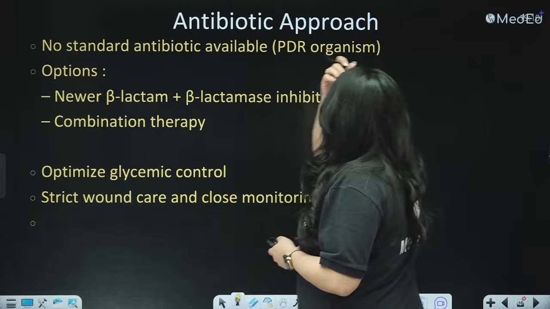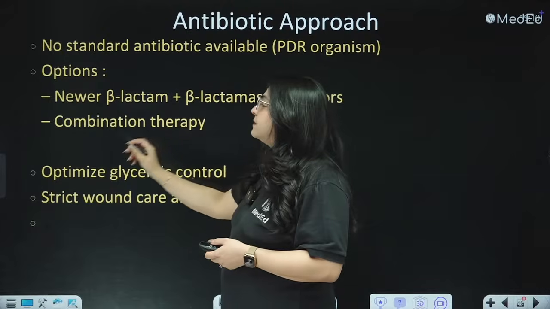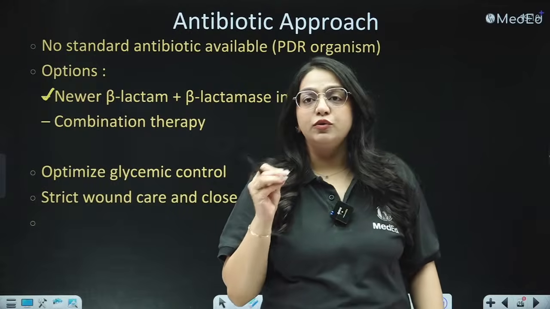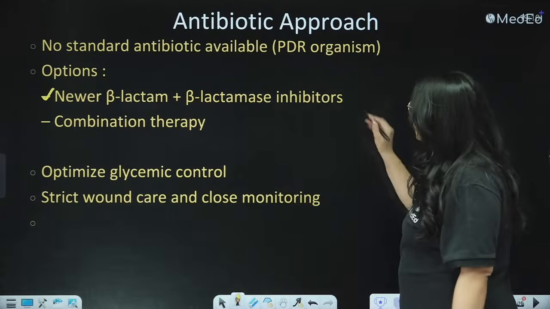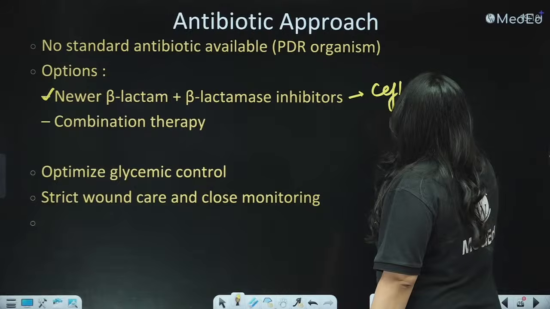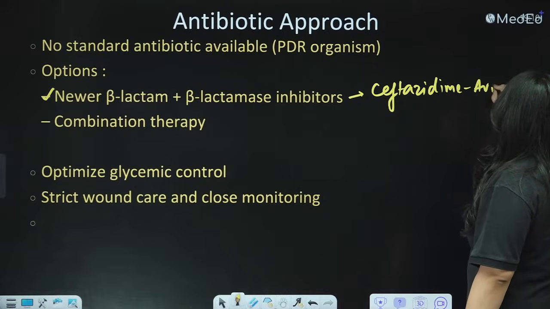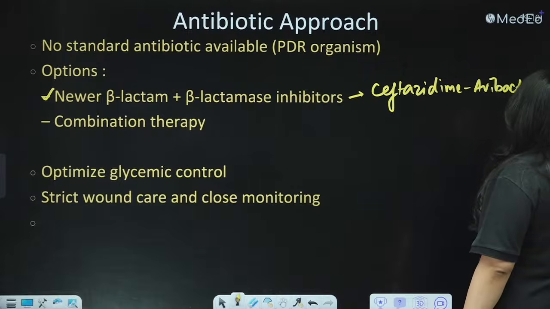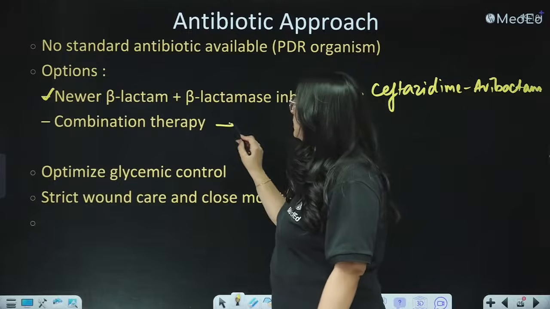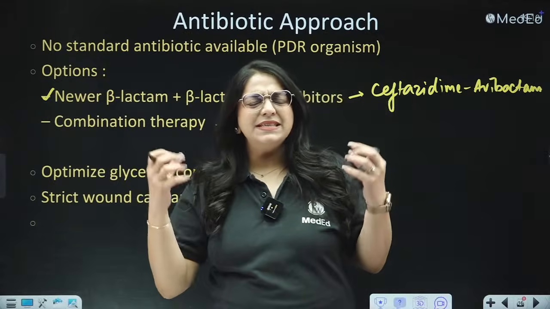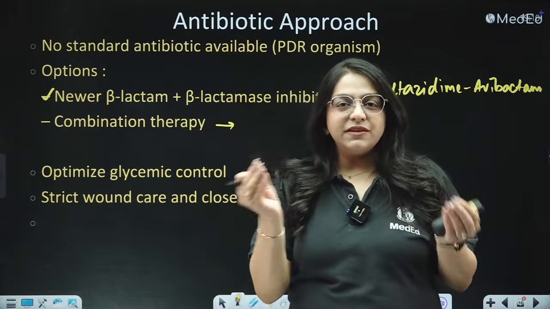No standard antibiotic is available for PDR organisms. You have a few new beta-lactamase inhibitor combinations, such as ceftazidime-avibactam, which is currently available in the market, which can be tried in this patient. And sometimes you can also decide different combination therapies where you can give aminoglycosides with meropenem, etc., depending upon selective susceptibility.